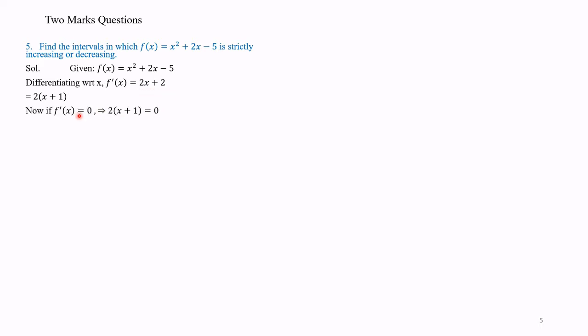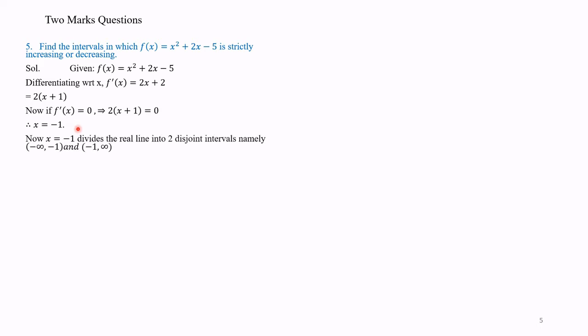Now, f dash x is equal to 0, so 2 into x plus 1 is equal to 0, or x is equal to minus 1.